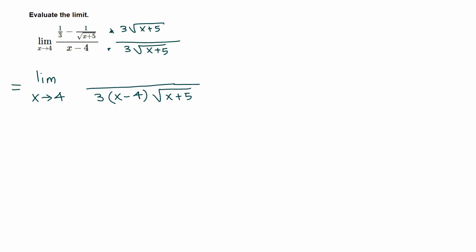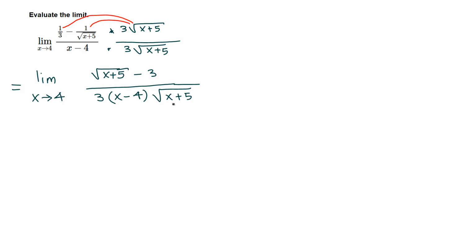On the top, we multiply the first fraction by this and do the same for the second fraction. When we multiply, the 3 and 3 cancel, because multiplying means multiplying the top. So 1 times root x plus 5, minus, and when we multiply these two, the root x plus 5 cancels, leaving 3 times 1, 3.